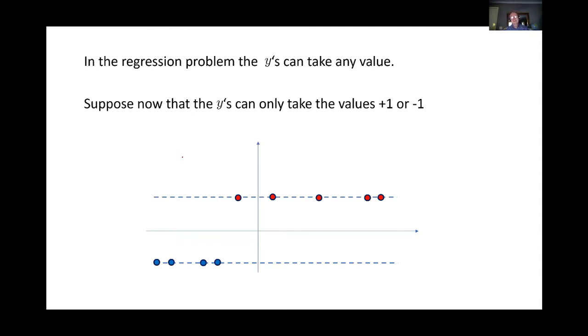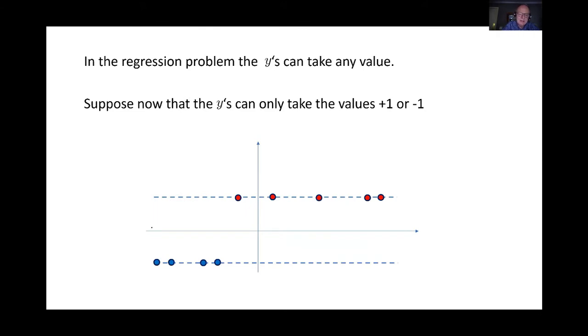So in the classification part of it, we don't allow our y's to take any value. We only allow them to take a finite number of values. We're going to be particularly interested in when we can only take 2 different values. We're going to take these 2 values to be +1 or -1. So an example of such a thing would look like this.